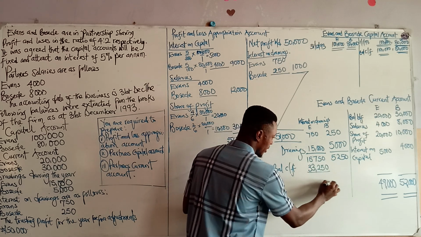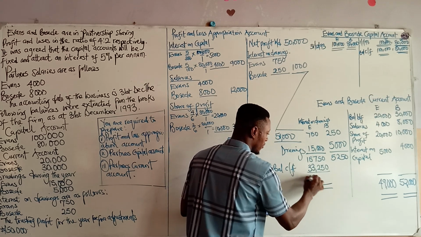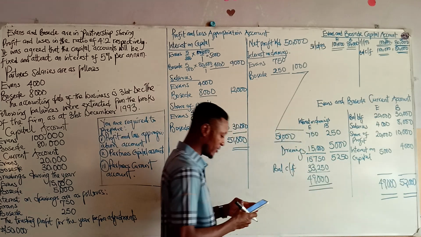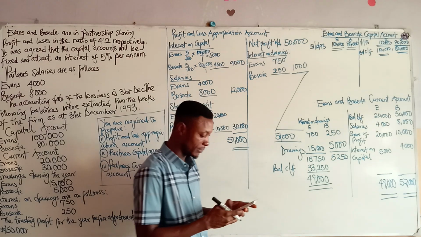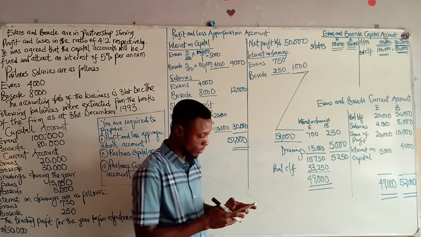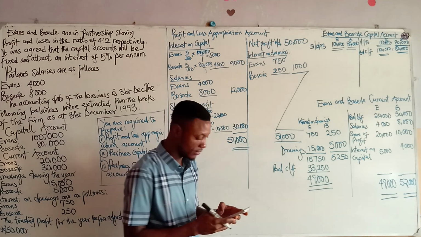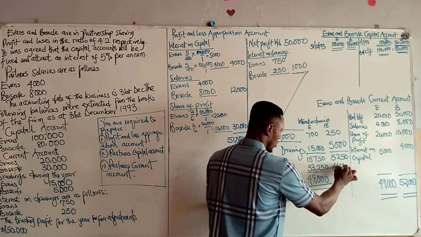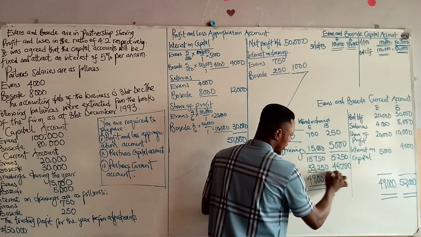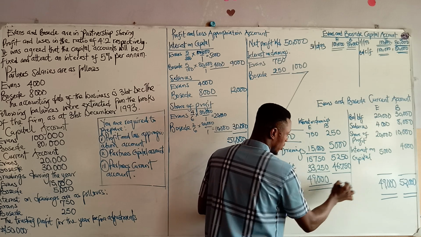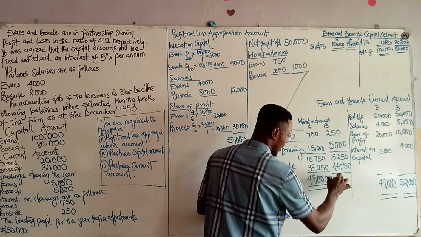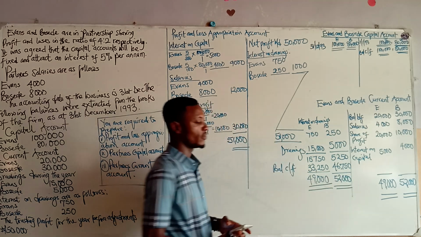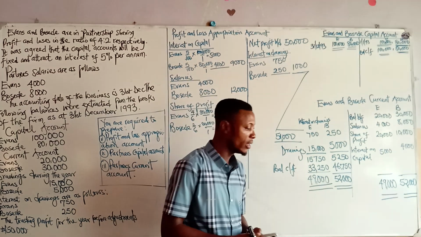If I sum this together, it gives a total of 49,000. Also, 52,000 minus 5,250 gives a balance of 46,750. By the time we sum this together, it also brings me to the same total of 52,000. So this brings us to the end of our lesson.